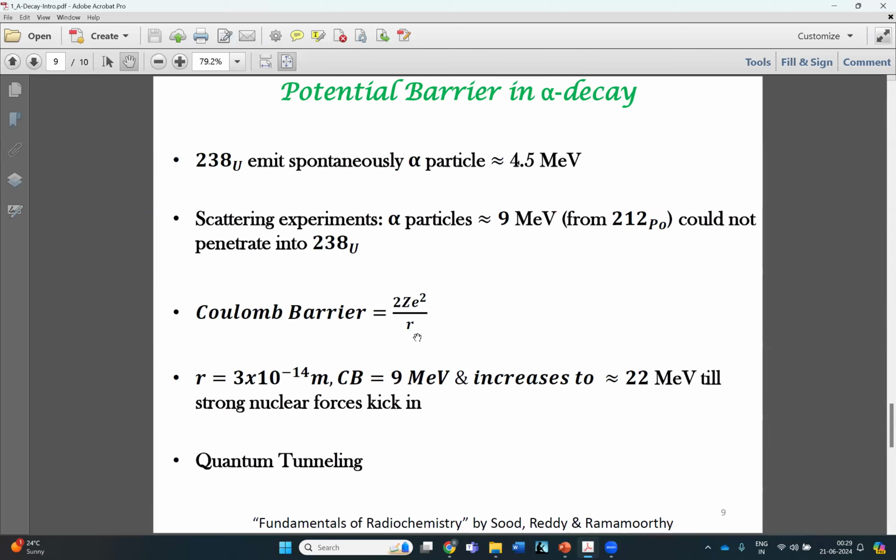How was this found? This was found via certain experiments. For example, this is a nucleus that spontaneously gives out an alpha particle with this energy.